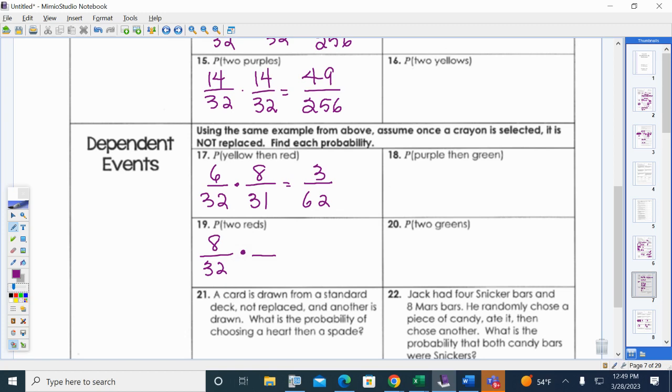Well, again, remember that you are assuming that the first thing happened. So I'm assuming that I took out a red crayon. So there are no longer 8 red crayons in my bag. There are only 7. And remember, there are still only 31. So that gives me a probability of 7 out of 124.